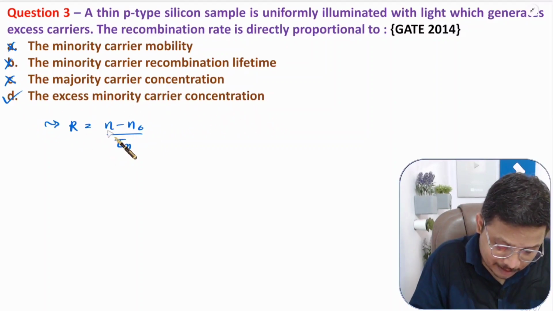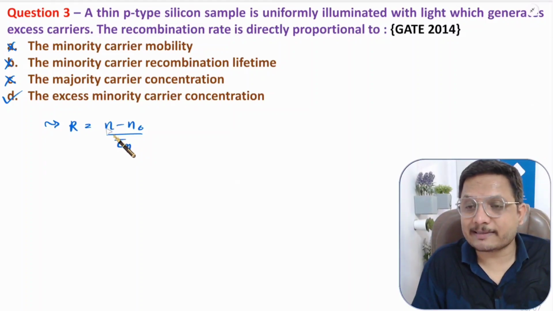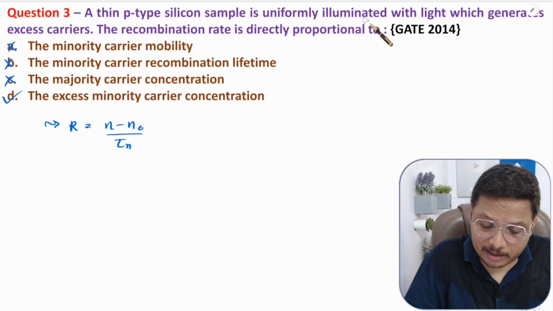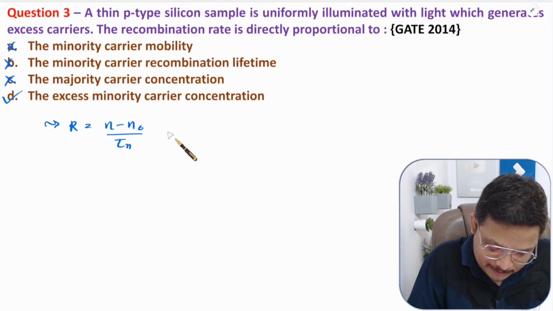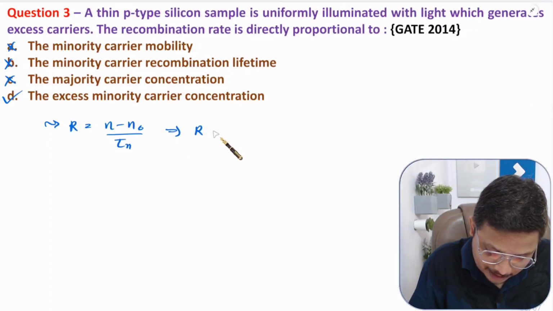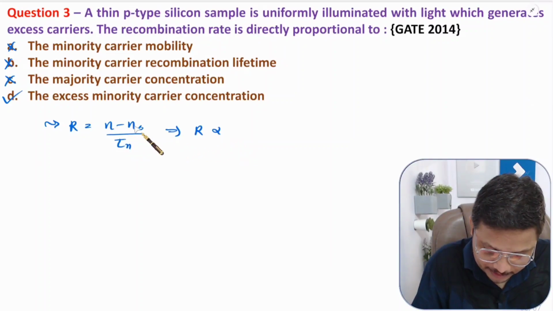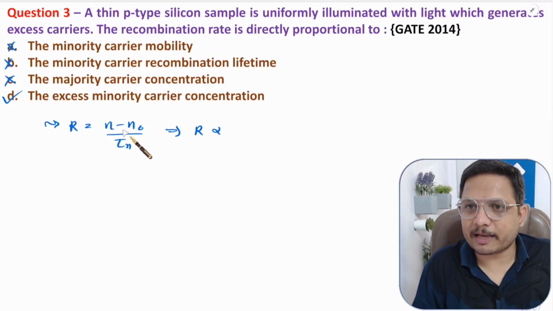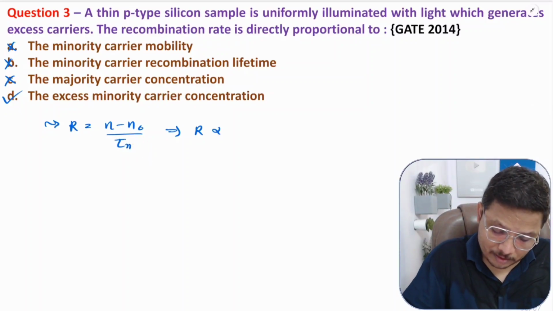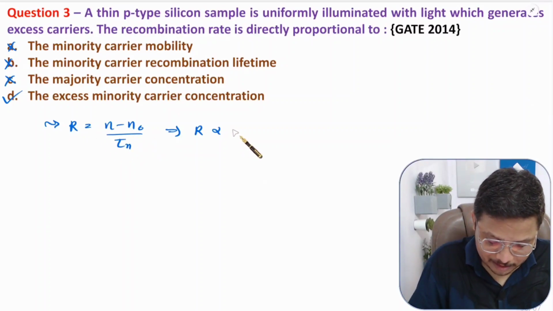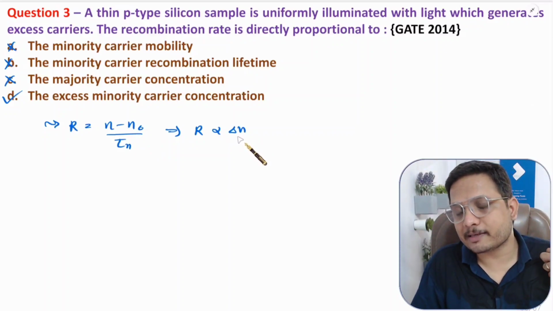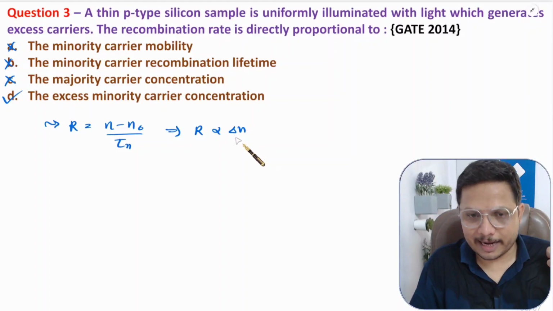Yes, you see this n, that is the excess minority carrier concentration, which is produced because of uniformly illuminated light on this material, right? So you can say this R is proportional to this difference, and that difference itself explains it is proportional to the generated concentration, which is delta N, the excess carriers due to light, right?